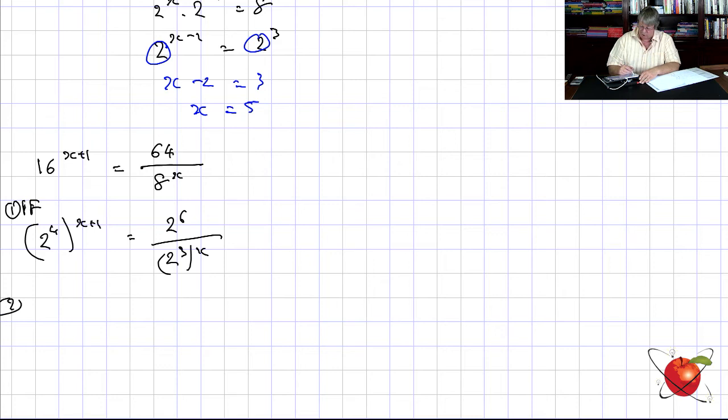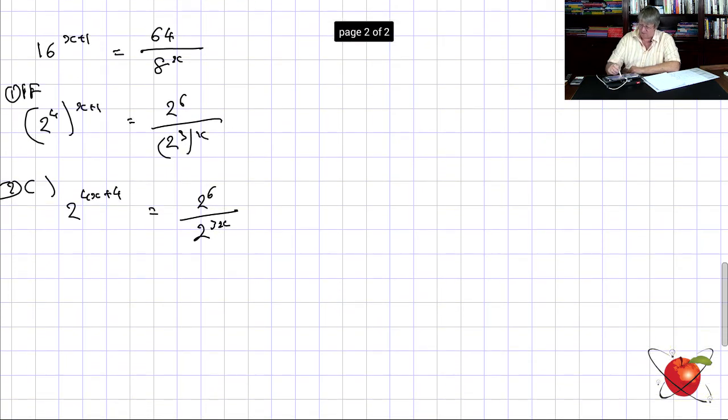Next step 2, remove brackets, remember? So that's going to be 2 to the power of 4x plus 4 equal to 2 to the power of 6 over 2 to the power of 3x. First of all, I'm targeting to get the base the same. Let me move this up a little bit so that we've got space.